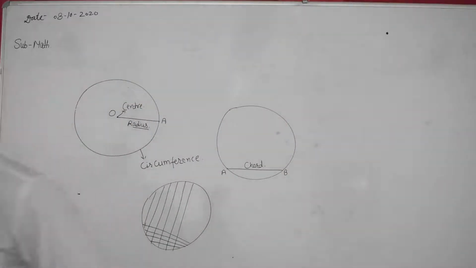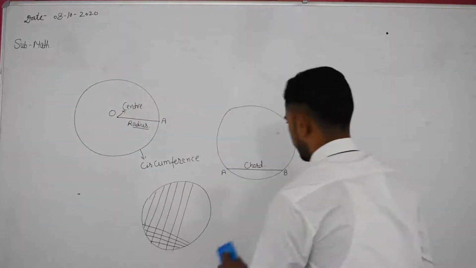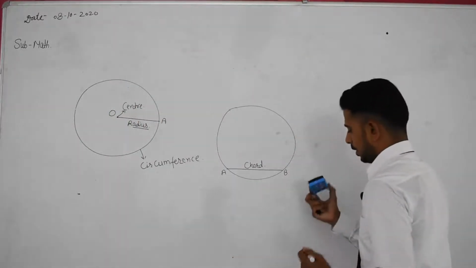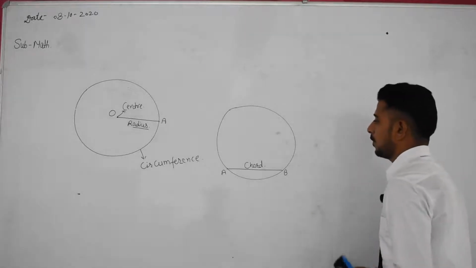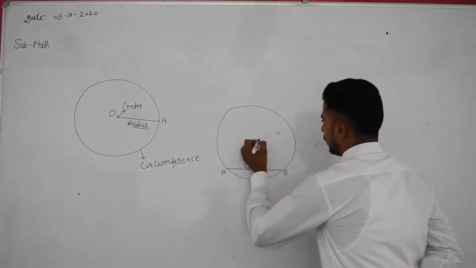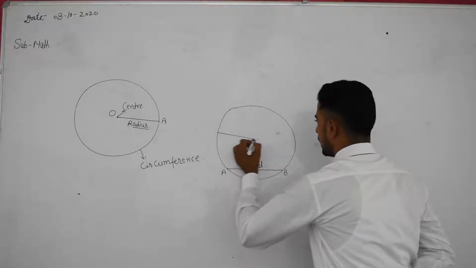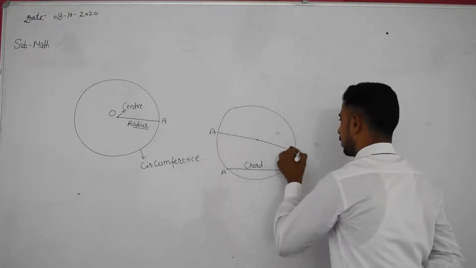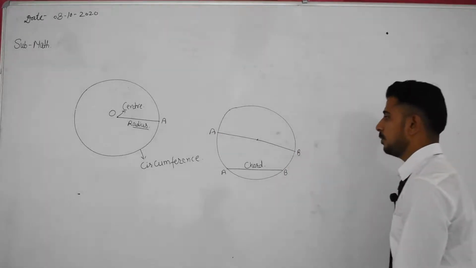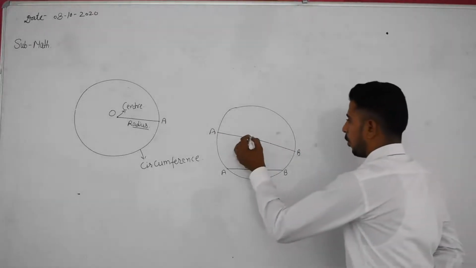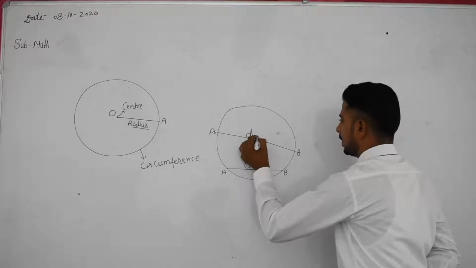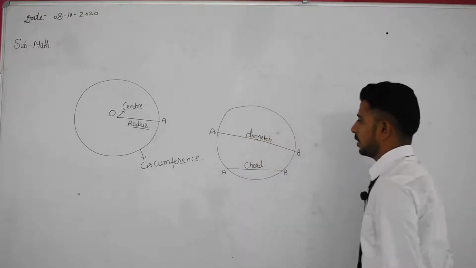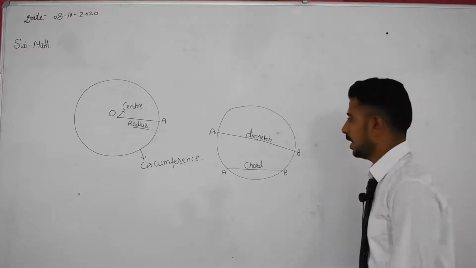Next, a special case of a chord: if any chord passes through the center, then this chord is called the diameter.